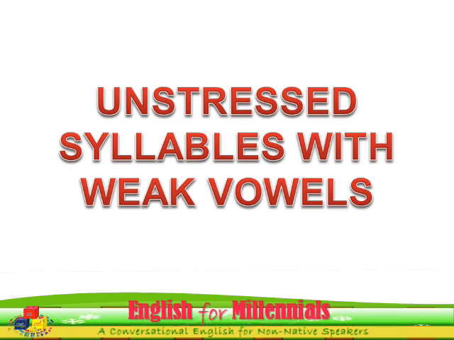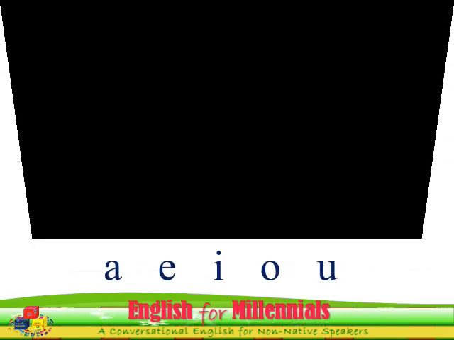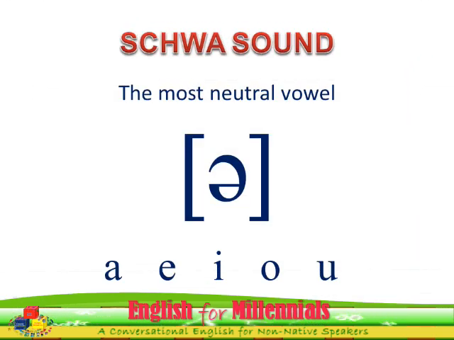Before we proceed to the exercises, I want to emphasize the following vowels which function as substitutes for the unstressed syllables with weak vowels. The schwa sound, the most neutral vowel with the IPA symbol, is quite similar to the inverted letter E of the English alphabet.